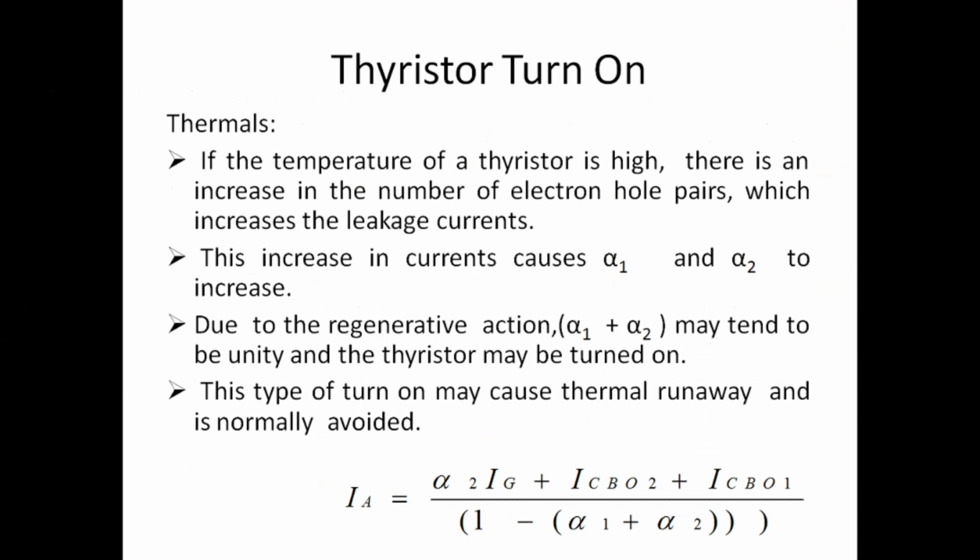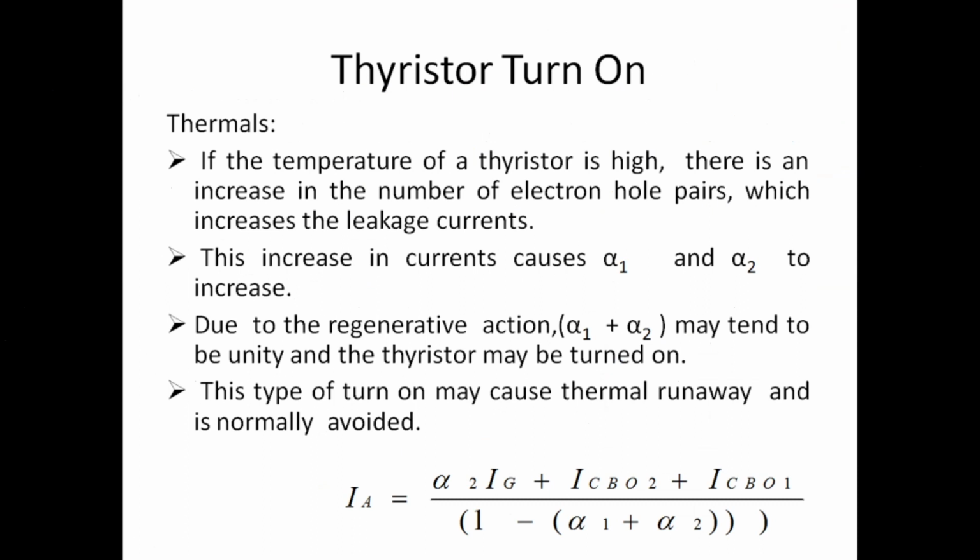So the energy that the electron receives because of this high temperature, that heat gives the energy to the electrons. So what happens now? The electrons become free electrons. One extra electron is generated, and at the same time one more hole is generated.